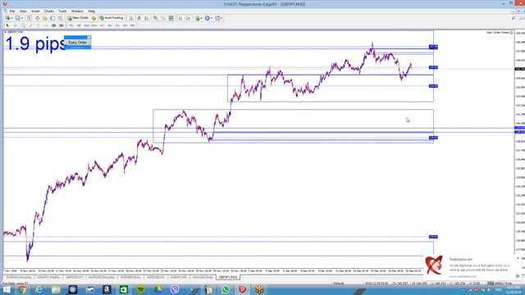What they're going to do so often is bring price down here and then start trending it upwards, simply trending it upwards with the higher highs and higher lows as they go.